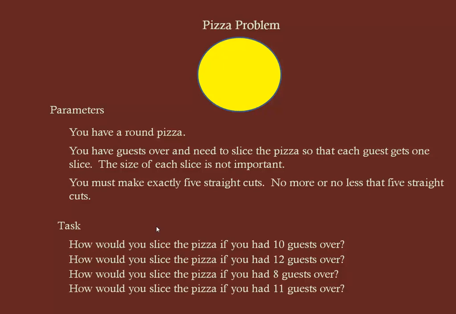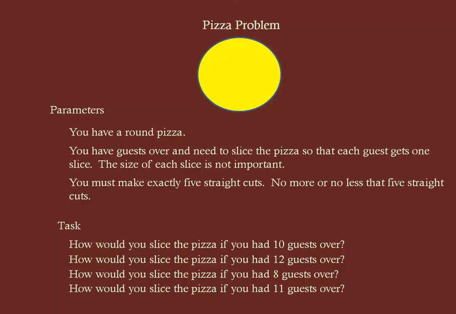Now this is the hardest one, I think. If you can get this one, you're a super whiz problem solver. Imagine 11 guests show up. Using your 5 straight cuts, how are you going to make exactly 11 slices of pizza to give each one of your guests exactly 1 slice of pizza? So that's the problem of the week.